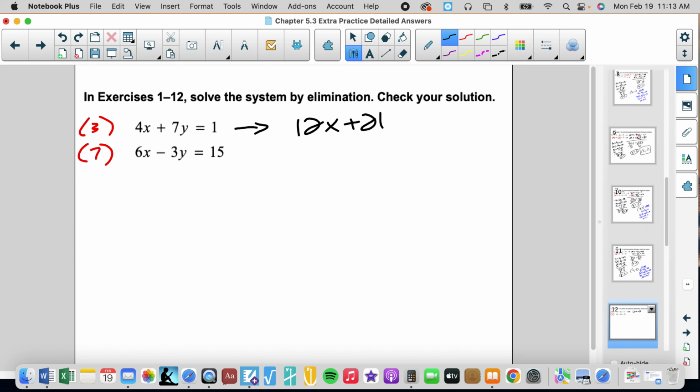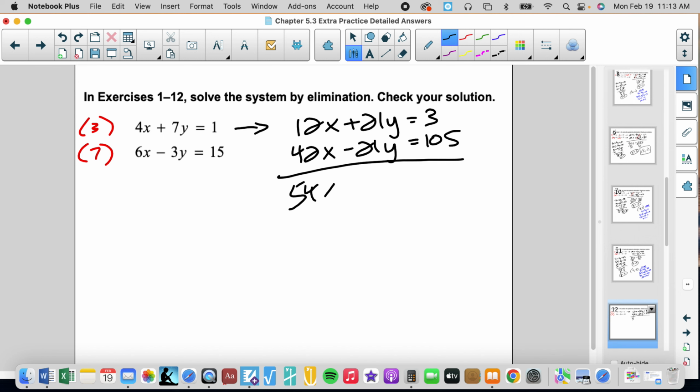Plus 21y equals 3. That's going to do 42x minus 21y equals 105. That's 54x. These cancel. Equals 108, divided by 54. We don't need a calculator.